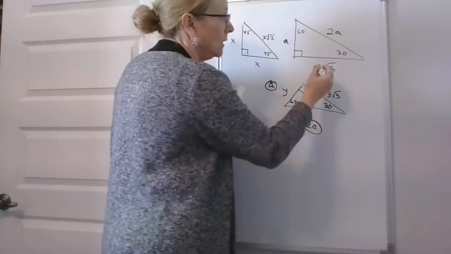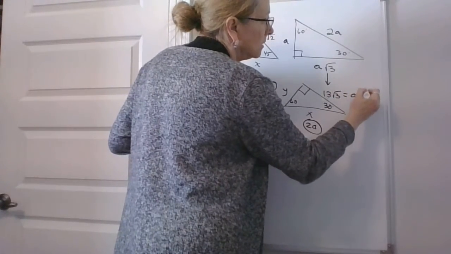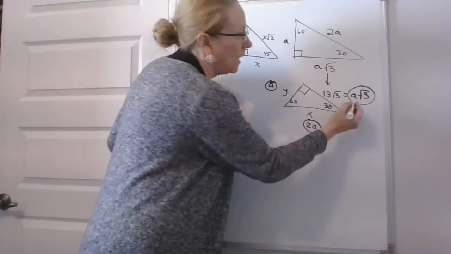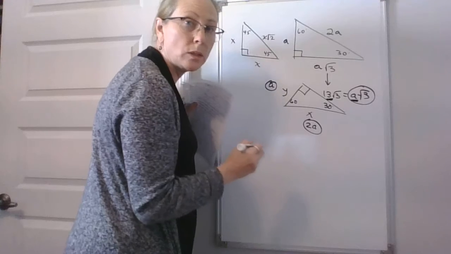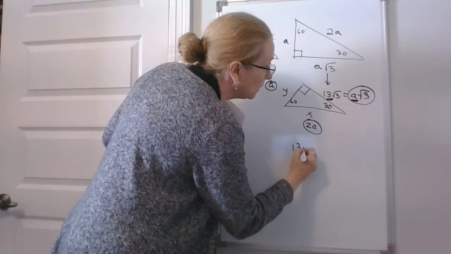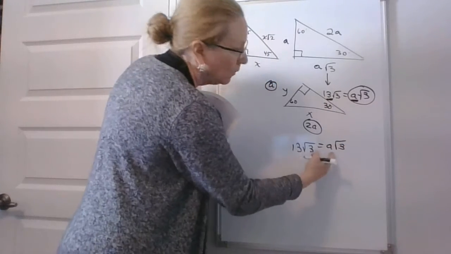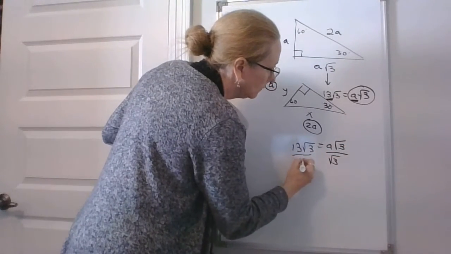Now that means that this side is the a root 3 side. That's the formula that it's equal to. Well, can you see that a here has to be equal to 13? Because if we set that up as an equation and we want a by itself, we would divide by root 3.